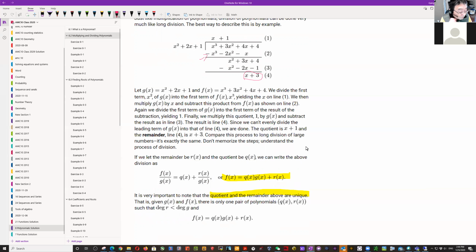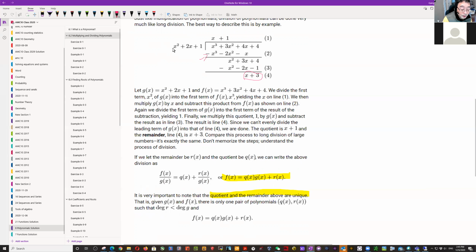When you divide polynomials, f divided by g is equal to q. For example, in this case, the dividend f is x cubed plus 2x squared plus 4x plus 4, and g of x is the one being divided into it.